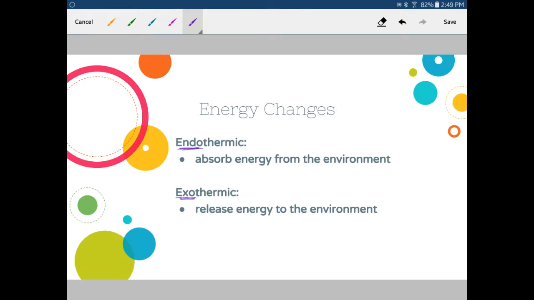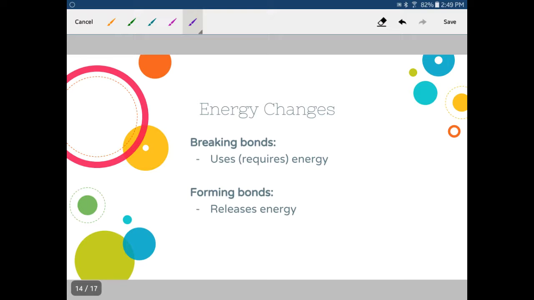Depending, like I said, on what we're doing, it might change whether we have an endothermic or exothermic reaction. One thing we need to talk about is that generally, breaking bonds requires energy. We need some sort of energy input to break those bonds. And forming bonds, in general, releases energy. Now, when we're dissolving entities in solution, there are a few things that happen. Sometimes we both break bonds and form bonds in this dissolving process.